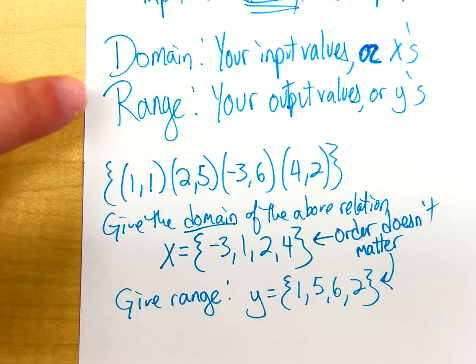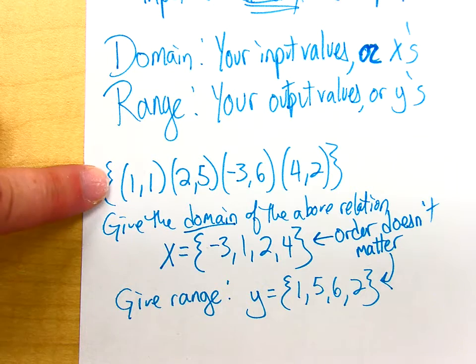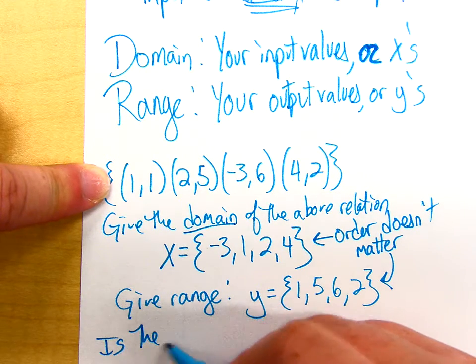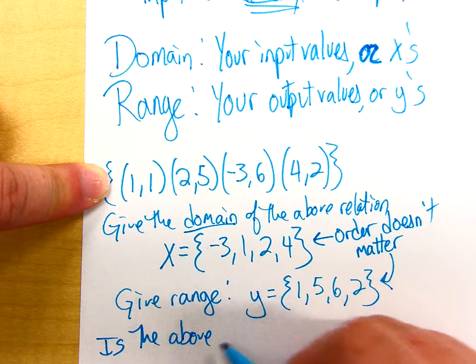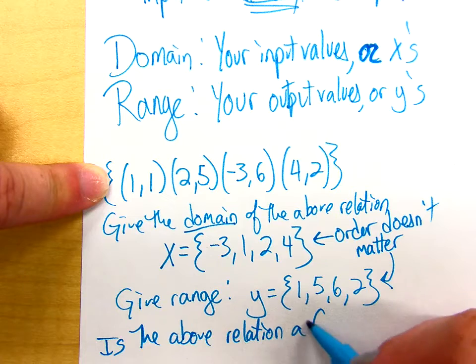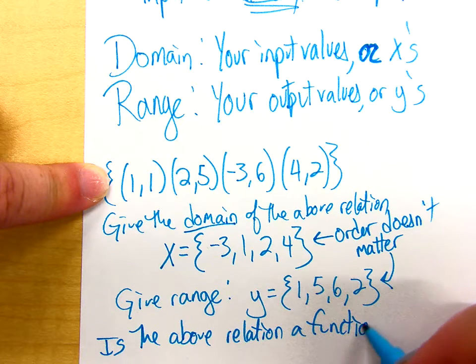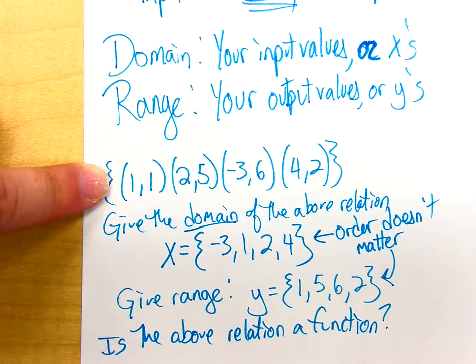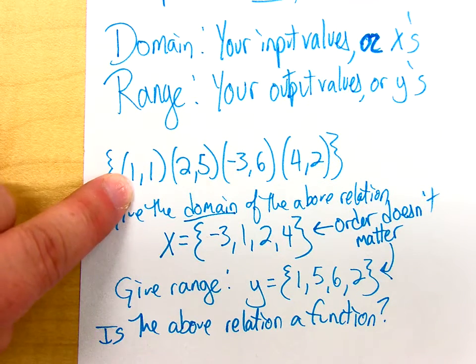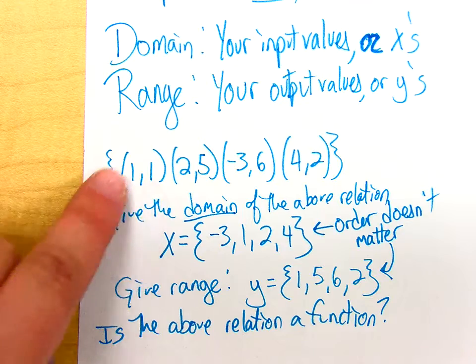Is this relation a function? That's my next question. Is the above relation a function? This one is. How do you know? Well, you're going to look. When I plugged in 1, I got out an answer of 1.